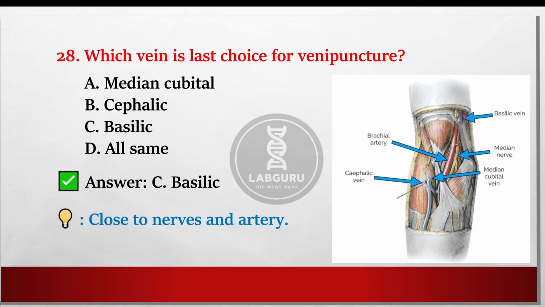Because you can see here behind the basilic vein there is an artery also, and this yellow color is the nerve. So the basilic vein is surrounded by a network of arteries and nerves, so it can sometimes get injured. The first choice is median cubital, the second choice is cephalic, and the last choice is basilic. Clear?